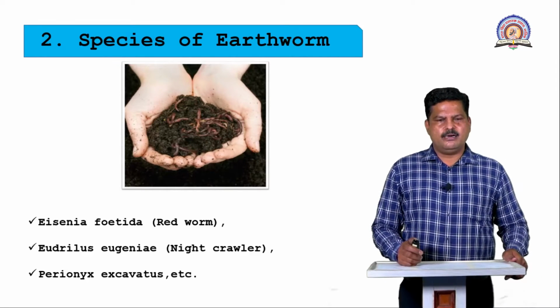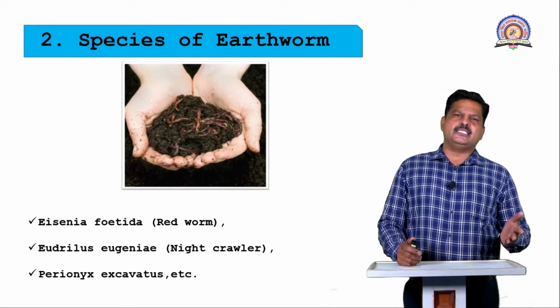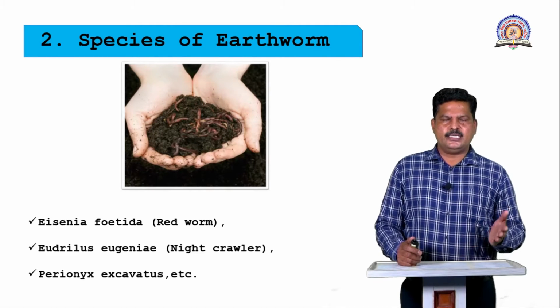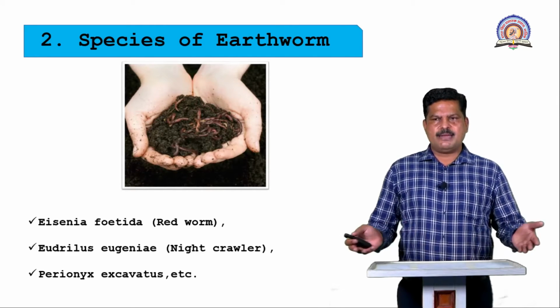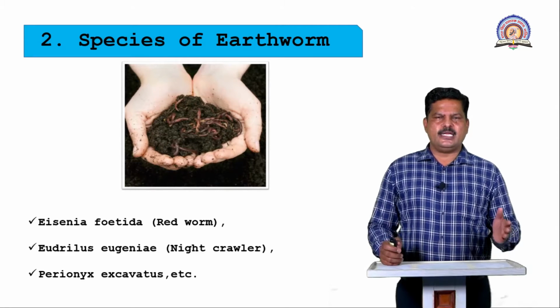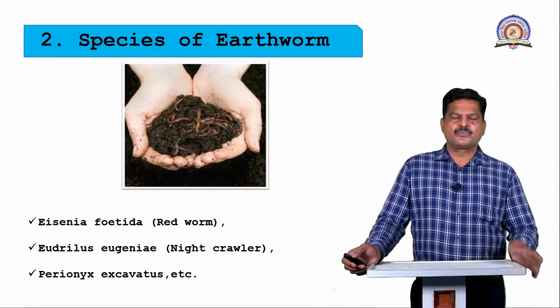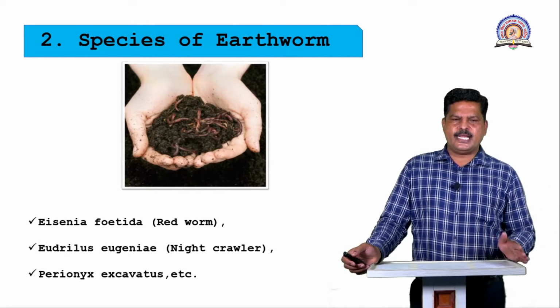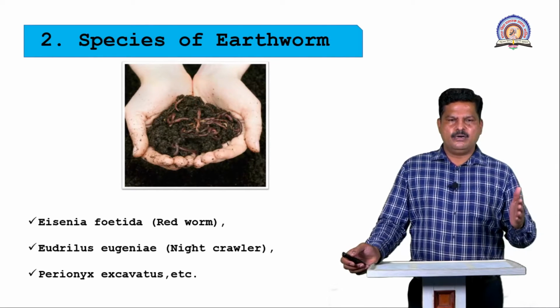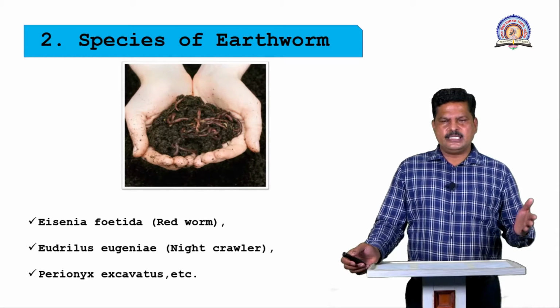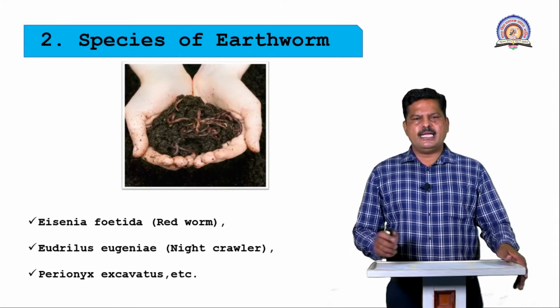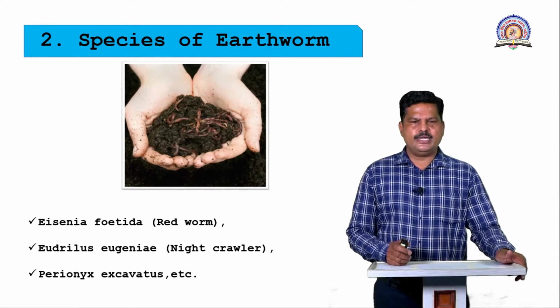This Perionyx excavatus is a native species. The climatic condition of our country is suitable for its growth and development. Its reproduction takes place rapidly, and the number of earthworms increases rapidly by culture of Perionyx excavatus.